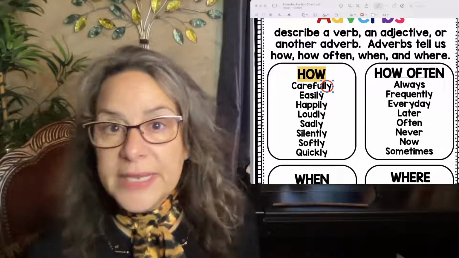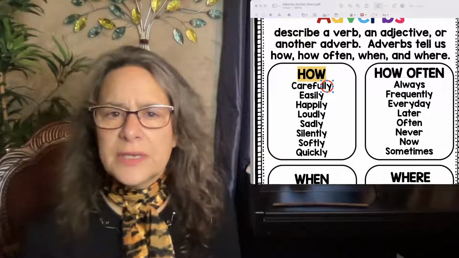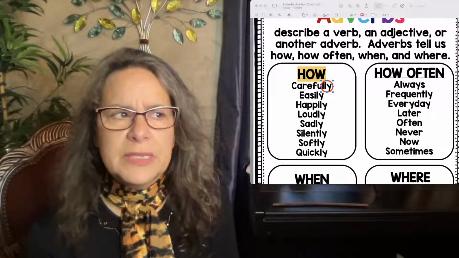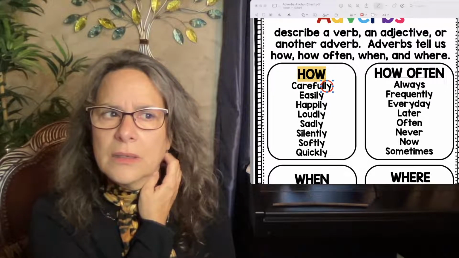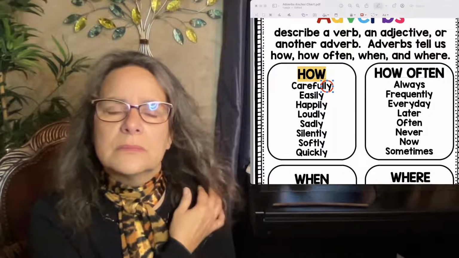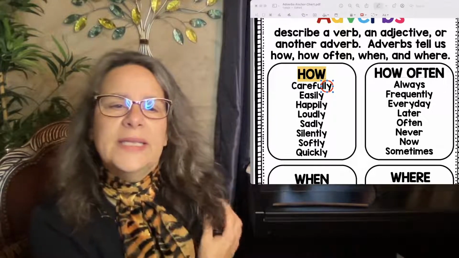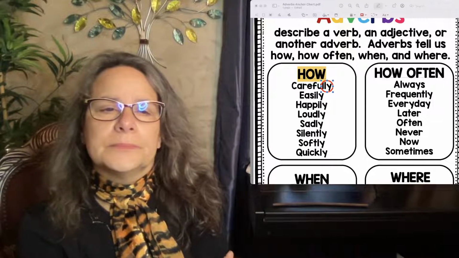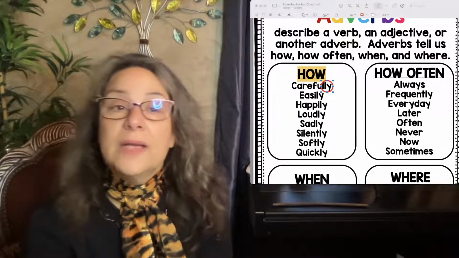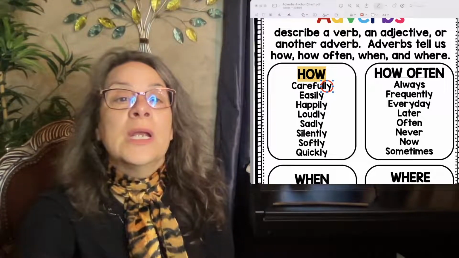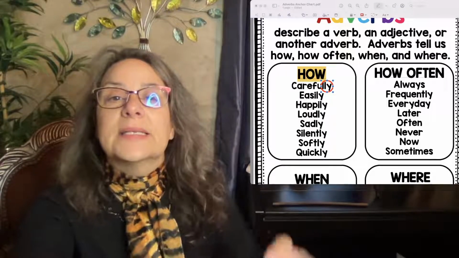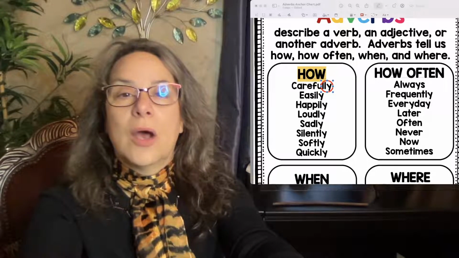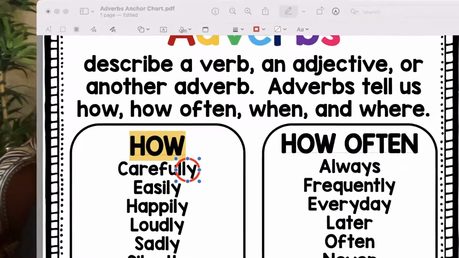The snowflakes fell silently. I was trying to think of one for an adjective or another adverb. Quickly. Yeah, I don't think how is going to give me one. So how really is describing basically only verbs, although I really can't say that.